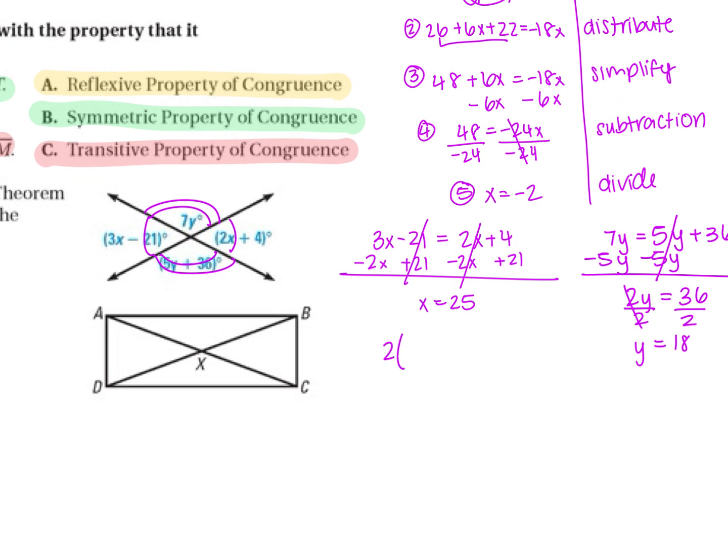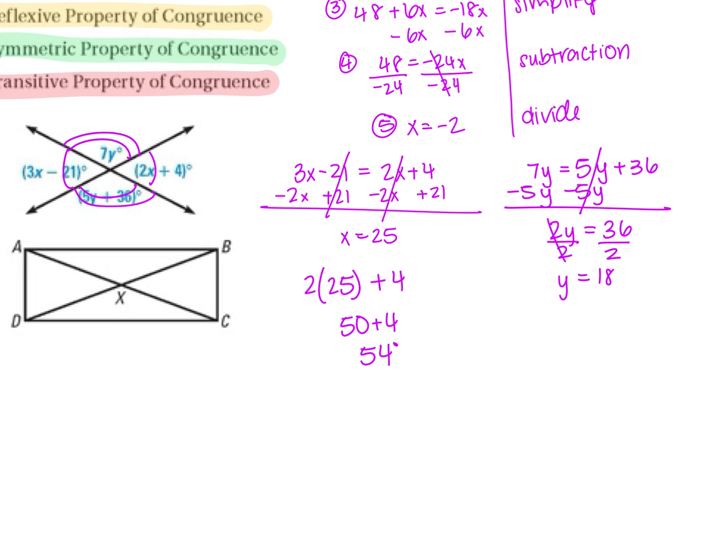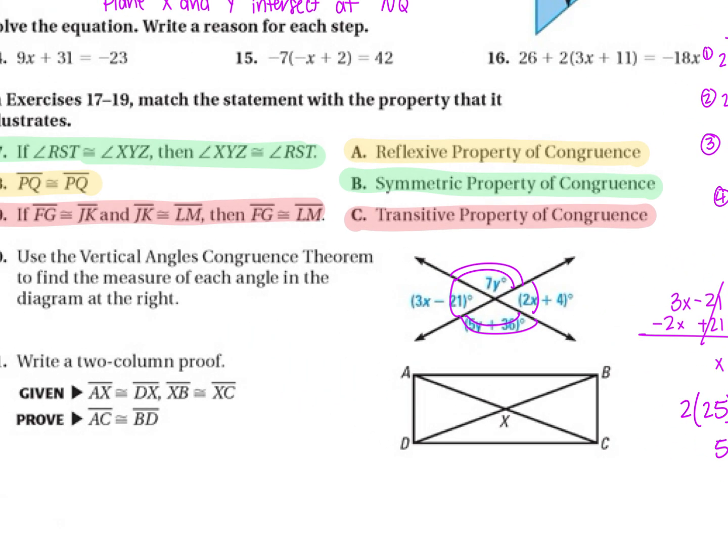So 2 times 25 plus 4 is 50 plus 4, which is 54. And 7 times 18 is 126. So my answers are 54 degrees, 54 degrees, 126 degrees, and 126 degrees.